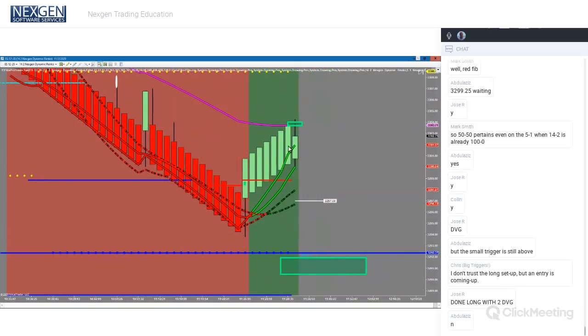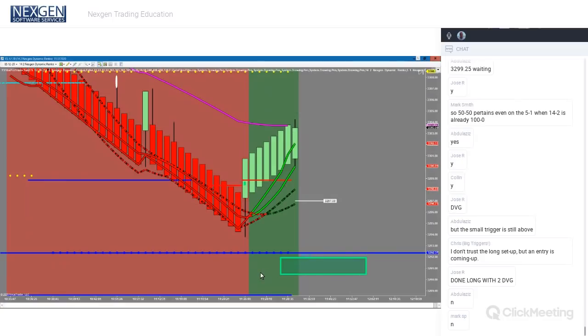Now, it could be the bottom. I'm not saying it can't. I'm just saying this doesn't give me the warm fuzzies like, oh, that was a for sure bottom. A for sure bottom changes the dynamic of this over here. And there's no good reason for there to be a bottom.